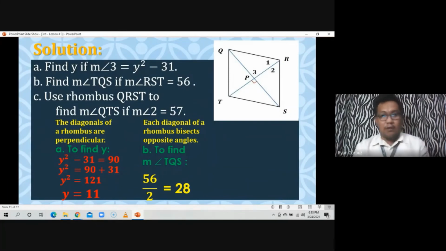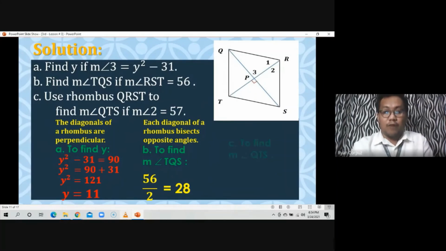Same as what we did on letter B, with the use of the same property that each diagonal of a rhombus bisects opposite angles. So this diagonal divides this angle into two angles which are congruent in measure. If this angle is 57 degrees, then angle 1 also measures 57 degrees. And what we are looking for is the measure of angle QTS, the whole angle.